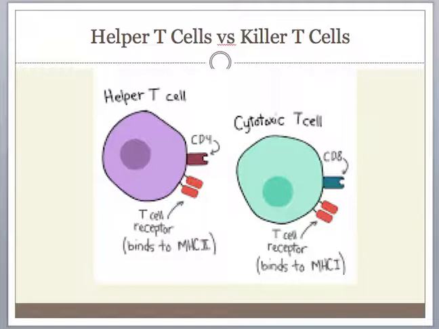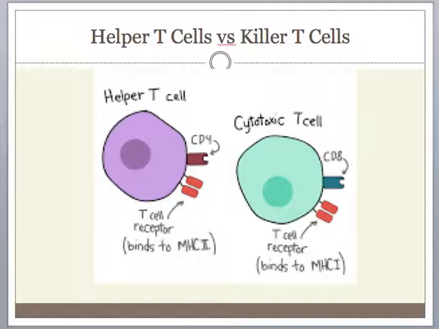Cytotoxic T cells and helper T cells can be distinguished from one another by the presence of either a CD4 or a CD8 membrane glycoprotein on their surface. T cells that have the CD4 generally are helper T cells, and those helper T cells recognize the MHC class 2 complexes with their T cell receptor.